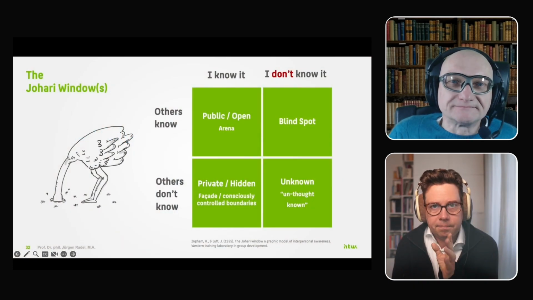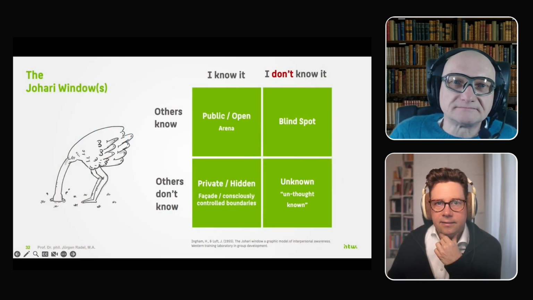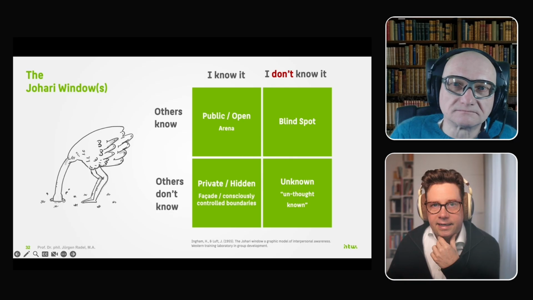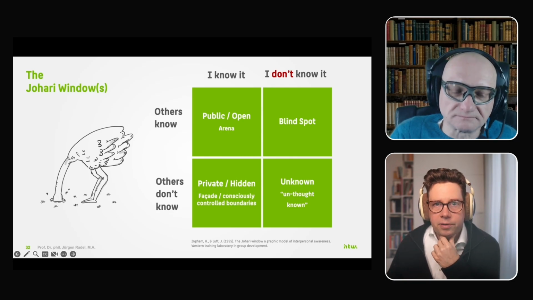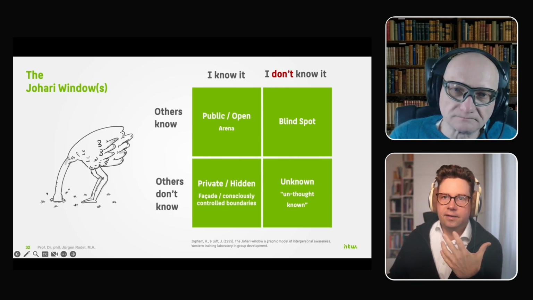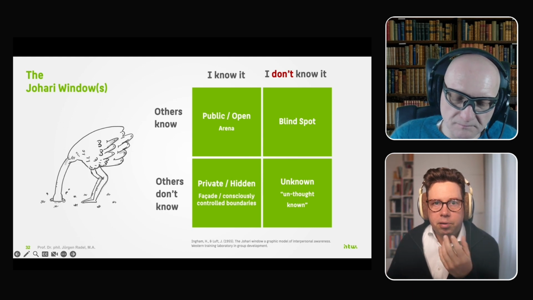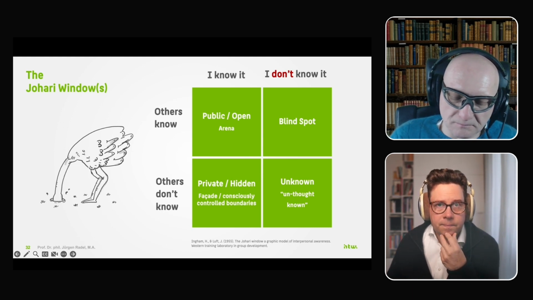The windows are basically these 4 squares, and they look at you. So you know something about yourself, and others know something about yourself. And that is the public open arena. This is, let's say, the front stage. This is where you perform, potentially.